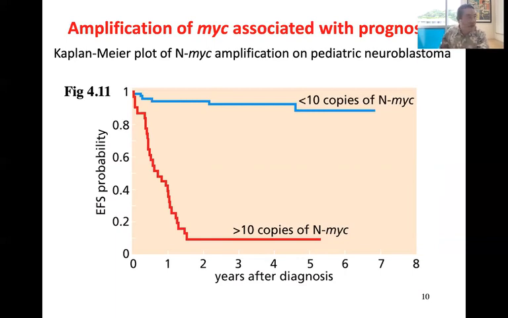So in this case, they are following pediatric neuroblastoma patients, right? And they were looking for whether or not these poor kids who first present with neuroblastoma and they show up in the clinic and they start getting treated, right?